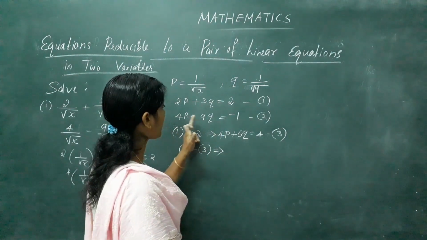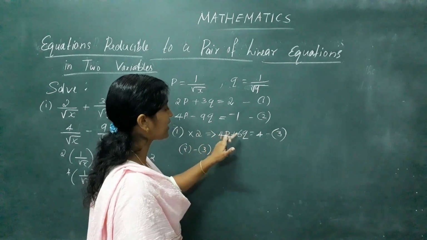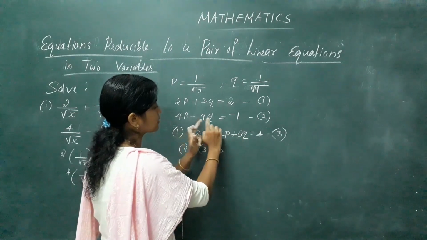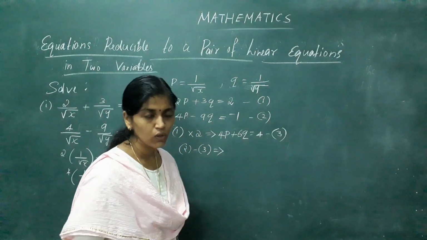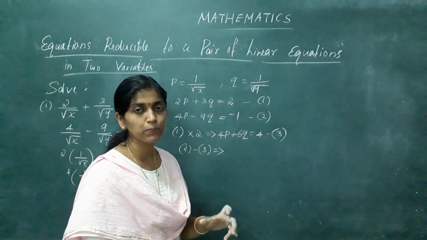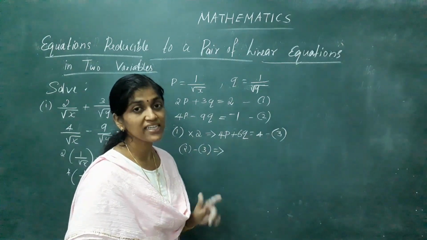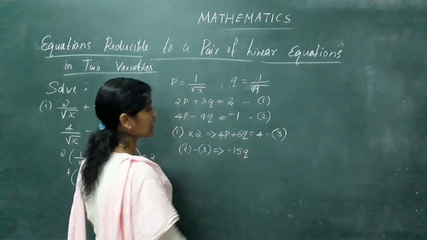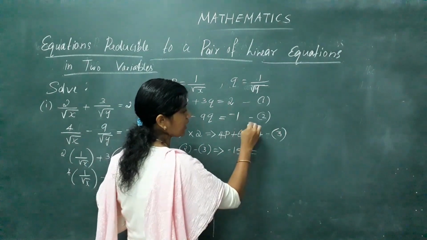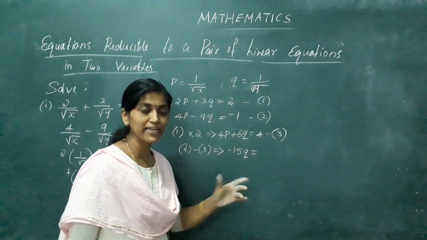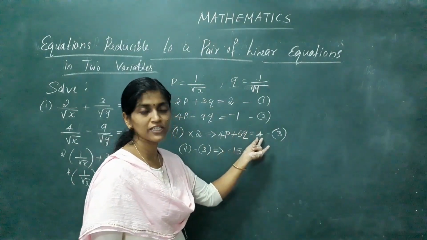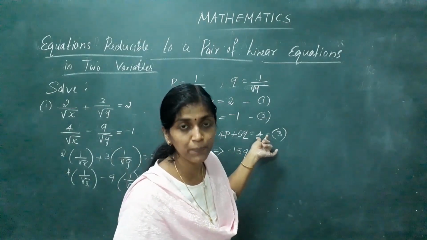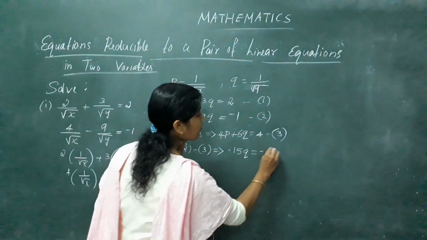Now when you subtract, minus 9q minus plus 6q, this minus and plus will become minus, so it becomes minus 9q minus 6q. Both become minus, which means we have to add and put the minus sign. Minus 9 minus 6 is minus 15, so minus 15q. Then minus 1 minus 4, again same sign, you add and put the minus sign, which is minus 5.